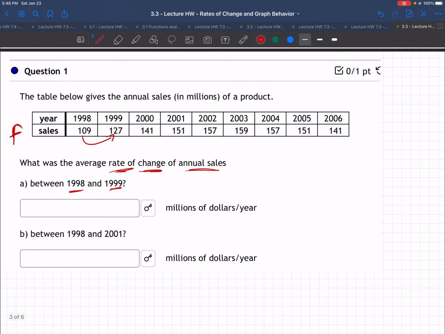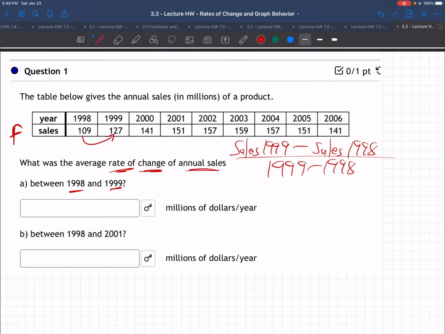You're trying to find the change in sales. So it would be sales in 1999 minus sales in 1998, over 1999 minus 1998. It's like a big slope calculation, in other words.